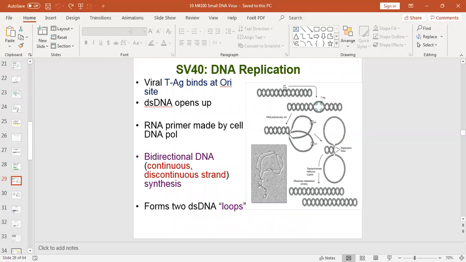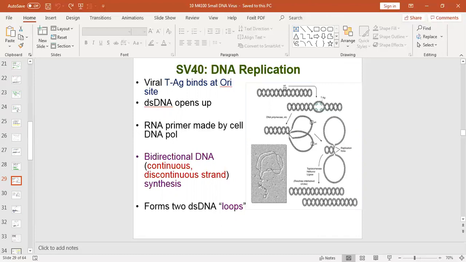After early mRNA production, SV40 DNA needs to be replicated to make more of itself. The process is as follows. First, viral T antigen that has been produced as a result of early mRNA translation will bind to the ORI, or origin of replication, of viral DNA. The viral double-stranded DNA opens up, and an RNA primer is made by host cell DNA polymerase.